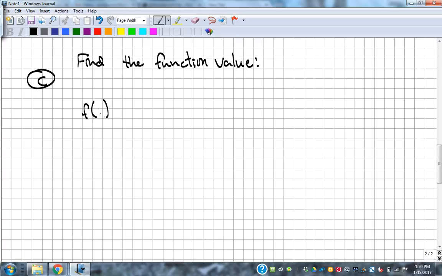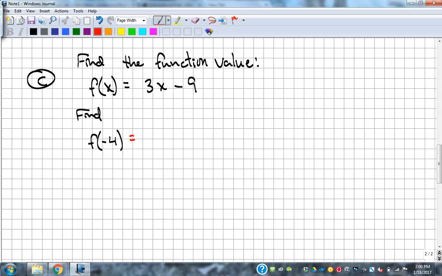And here's our function. It's a piecewise function. Or better yet, let's do a non-piecewise first, just to make sure we remember how to do that. 3x minus 9. Let's find f of negative 4. What does that mean?